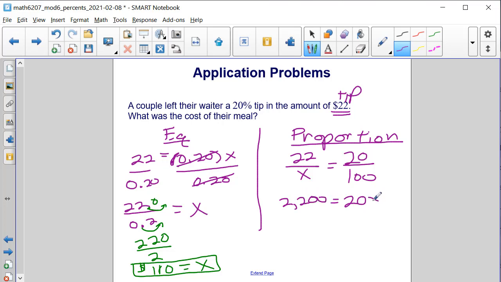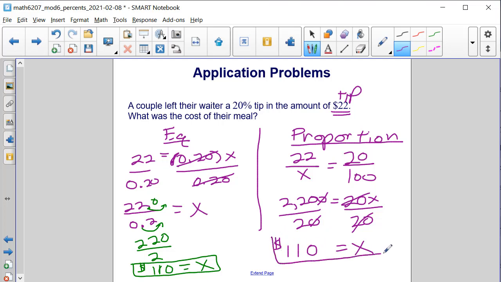And then we would divide both sides by 20. We can cancel out one set of zeros by dividing both the numerator and denominator by 10. And then we would still get 110 as our solution this way as well.